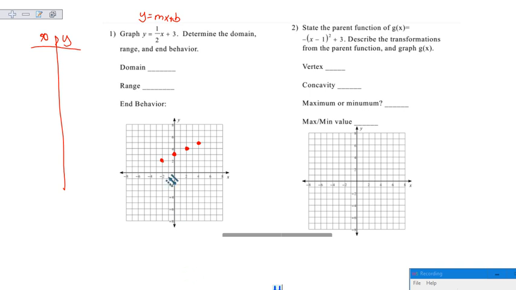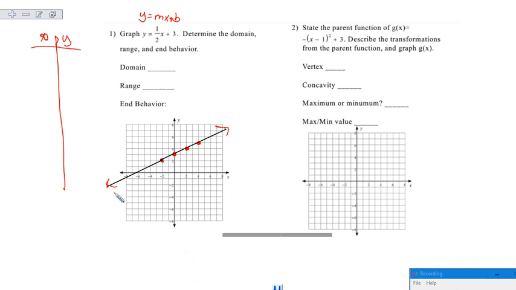Since this is a linear equation, we want to grab a straight edge, and we're going to use that straight edge to finish off our line. All right. And lines are infinite, so I'm going to put the arrows to show that it goes on infinitely.